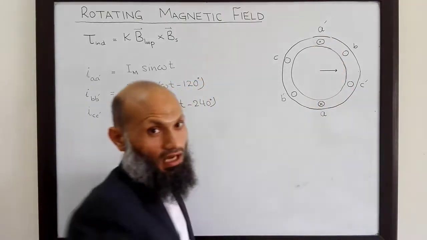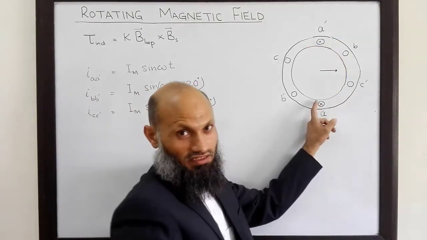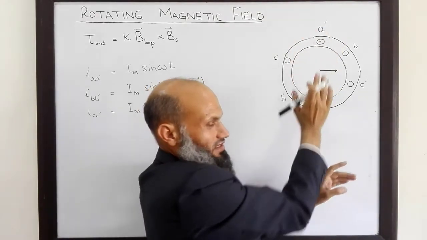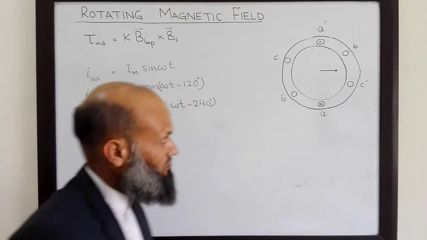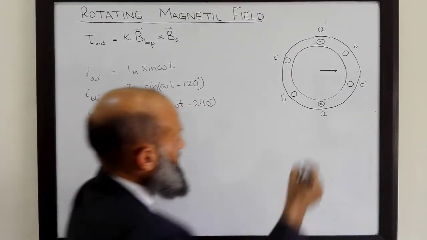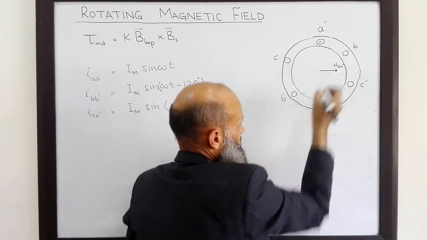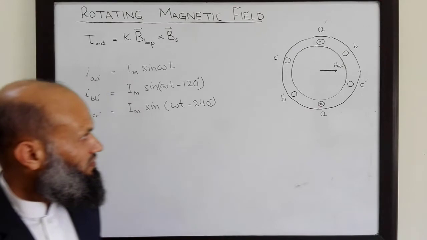This coil is a rectangular coil placed on this stator, with one side of the coil and another side of the coil. At the back end, the two sides are connected. The front end is also not shown. This magnetic field, let's name it H AA dash, is the magnetic field due to current in this coil.